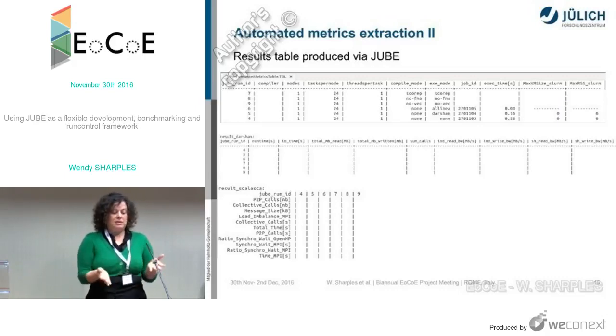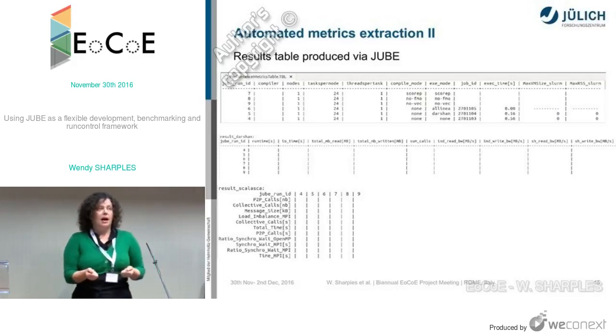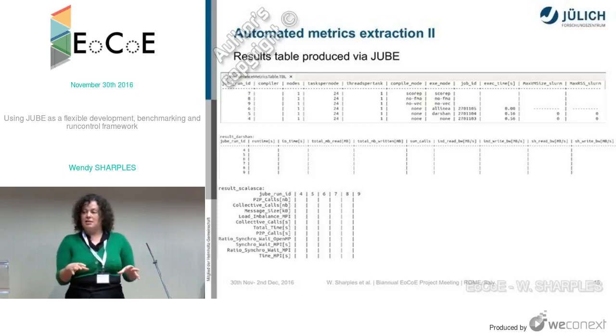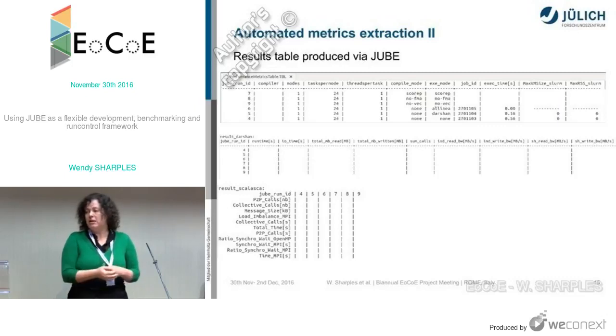So the user can see what was run, how long it took, and then the general P2P calls, for example, etc., etc. This is going to change, I think. So this might need to be updated, but it's a really valuable thing to put in your code.